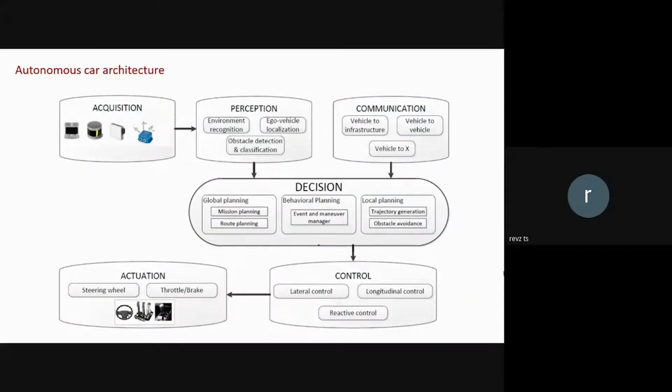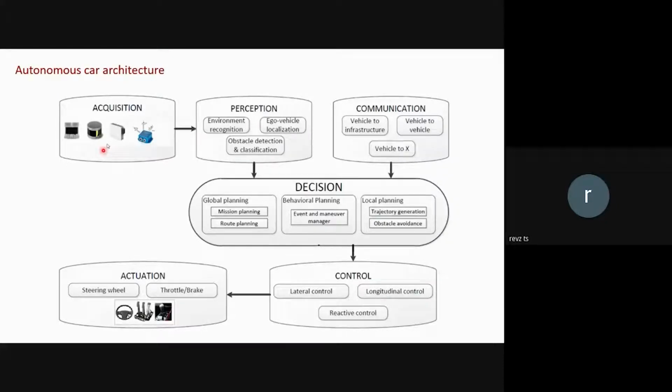So this is an architecture provided for self-driving cars. The main hardwares are the acquisition sensors, like LiDAR, radar, and the IMU sensor. These perception sensors will perceive the environment by taking sensor data.